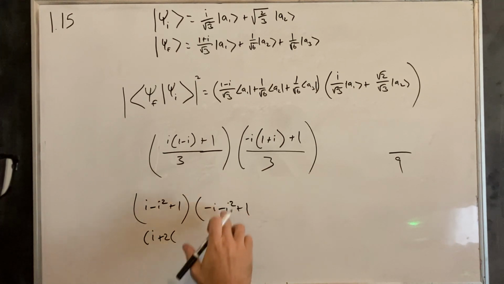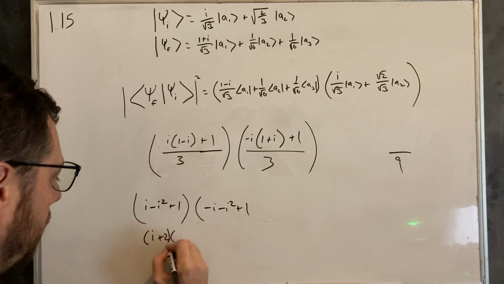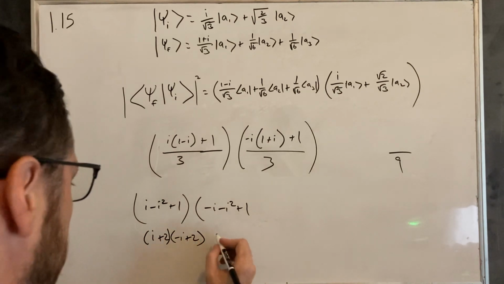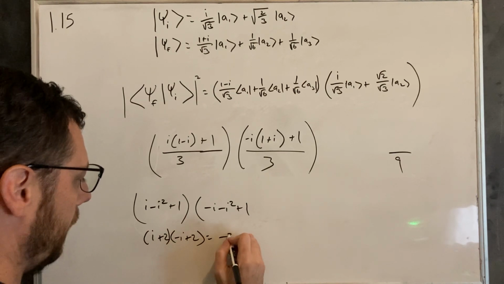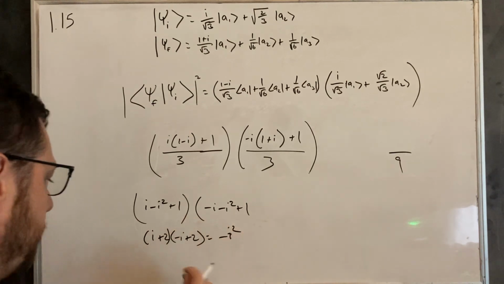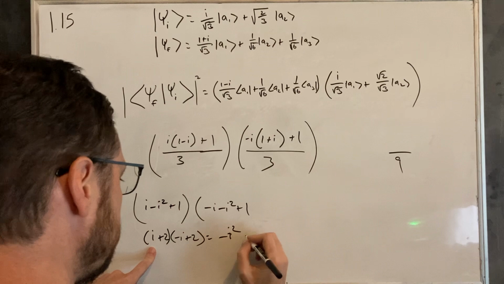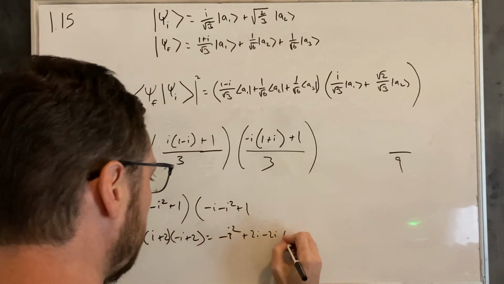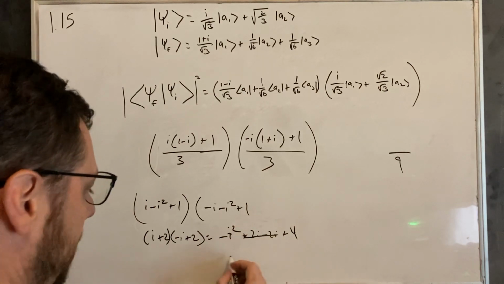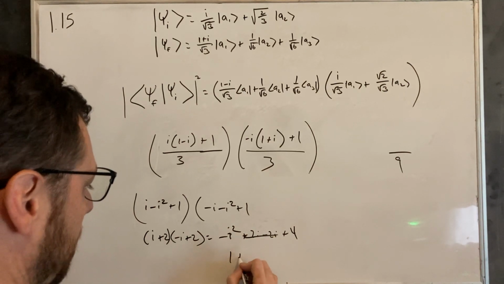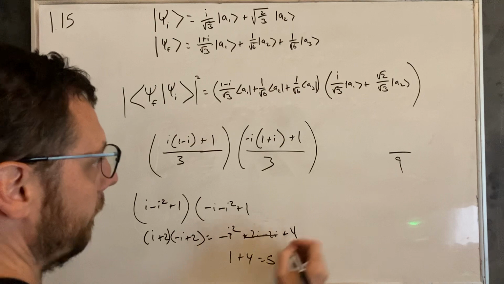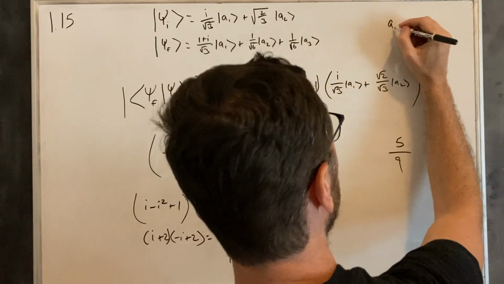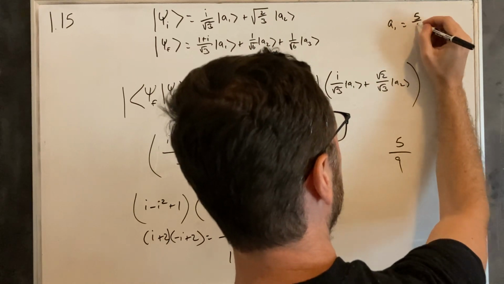We have plus 1 there also, so negative i plus 2 there. All right, so now we can say we have negative i squared plus 2i minus 2i plus 4. And these cancel out. This becomes a positive 1. We have 1 plus 4 equals 5. It looks like we have 5 ninths. So our A1 probability is going to be 5 ninths.